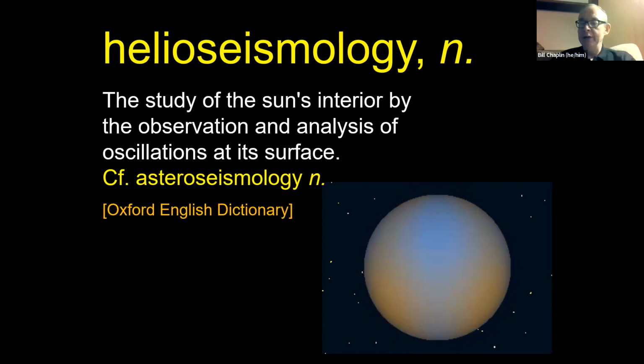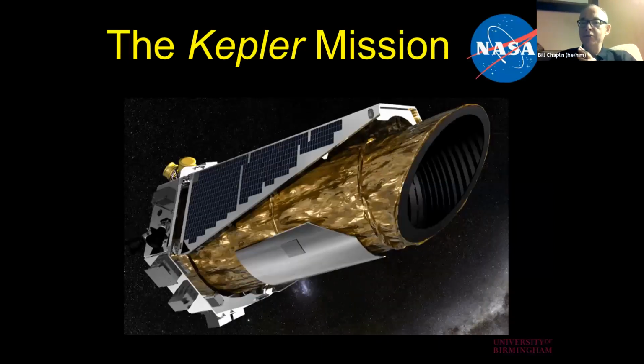A lot of the drive in terms of technology came about as a result of efforts to detect exoplanets orbiting other stars, so we piggybacked off the back of that. I'm going to go on and show some results from the NASA Kepler mission.